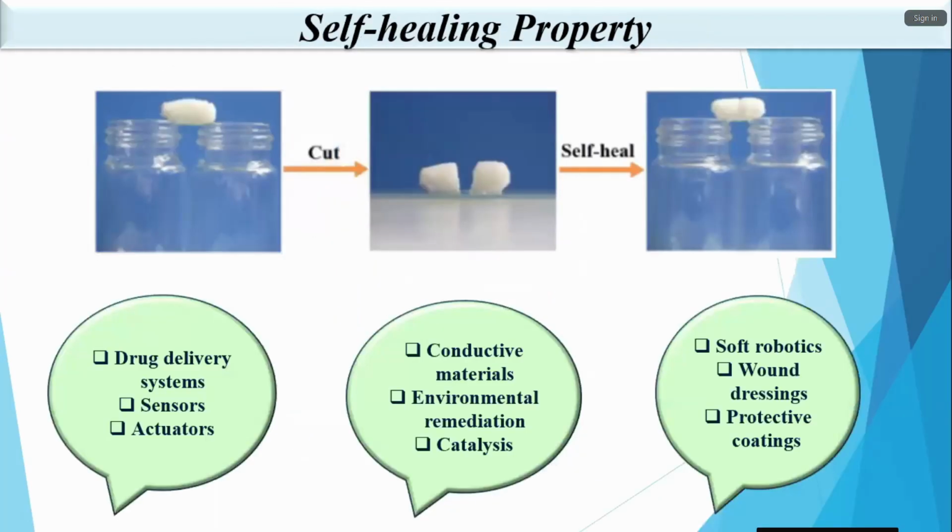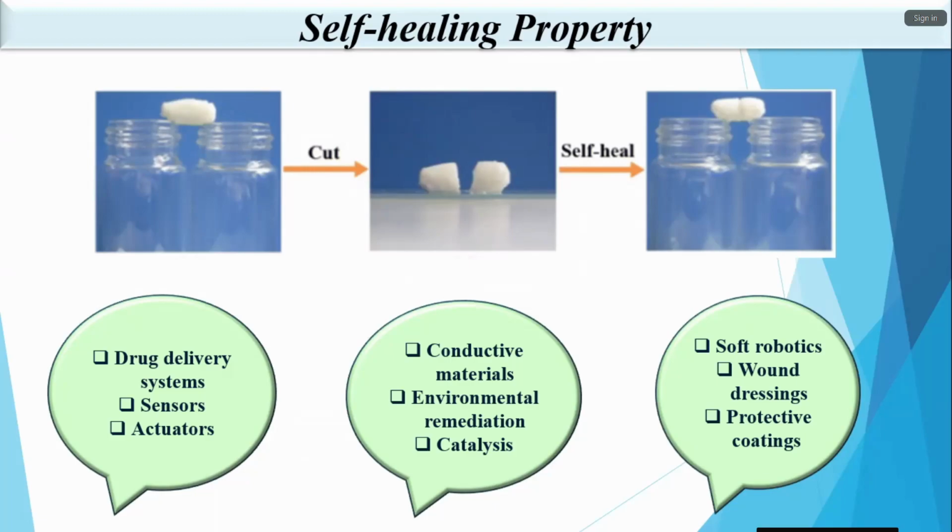Second is the self-healing property. Self-healing is when we cut this metallogel into two pieces, then they heal themselves again. This is an interesting property of these metallogels, which can be used in drug delivery systems, sensors, actuators, conductive materials, environmental remediation, catalysis, soft robotics, wound dressings, and protective coatings.